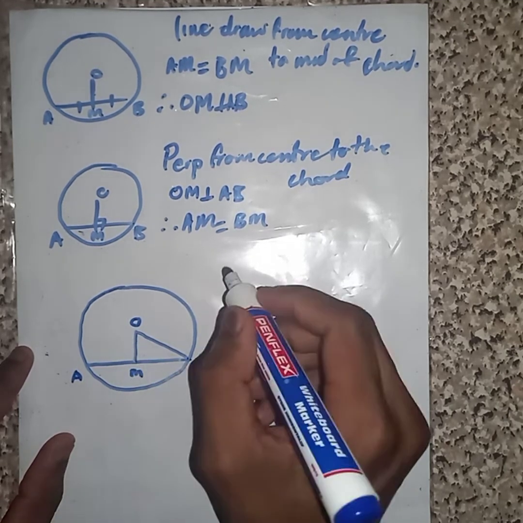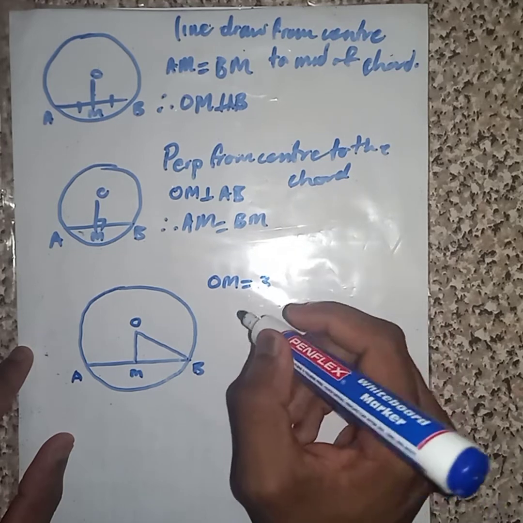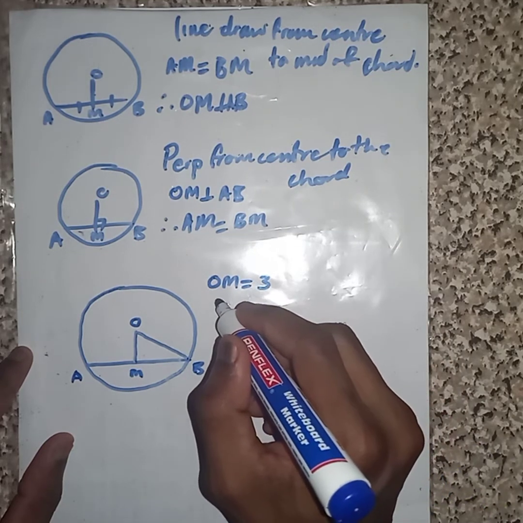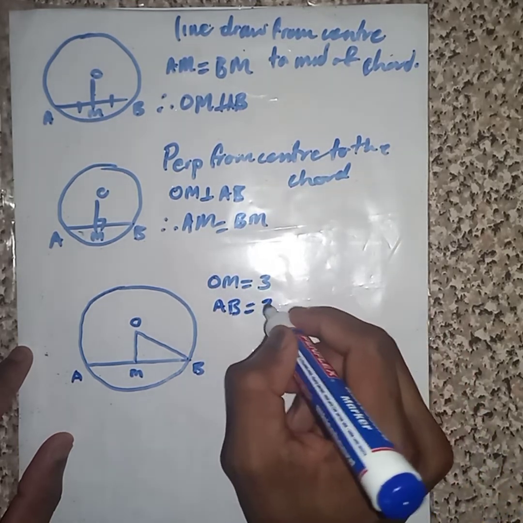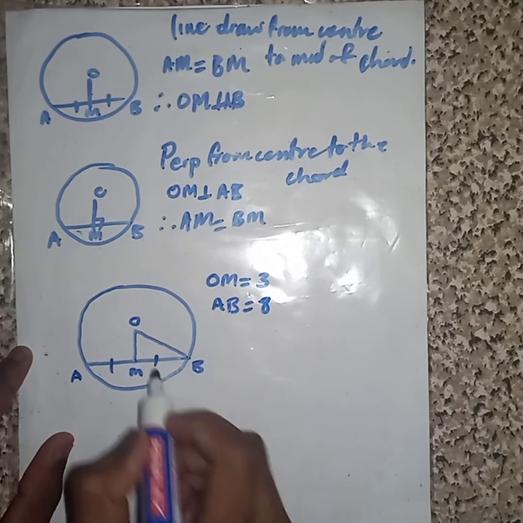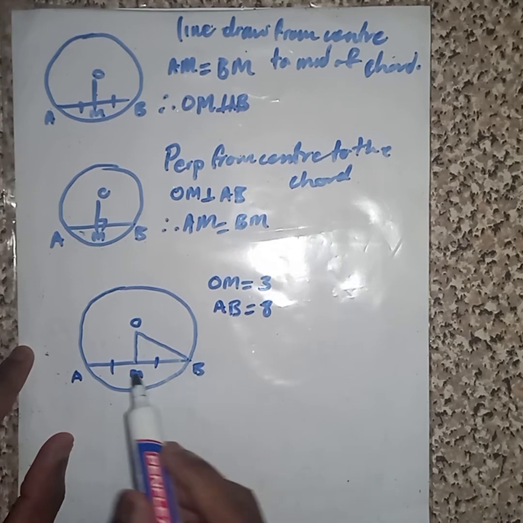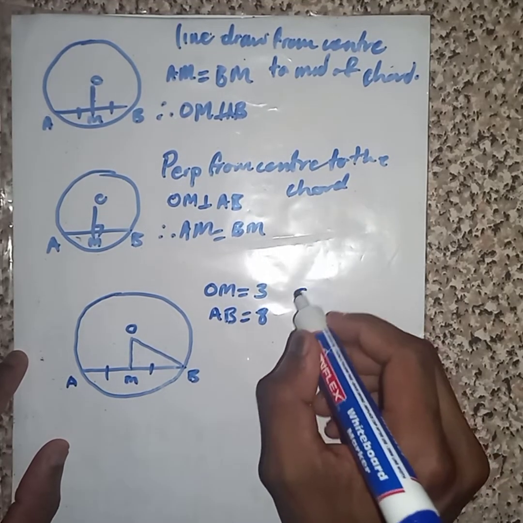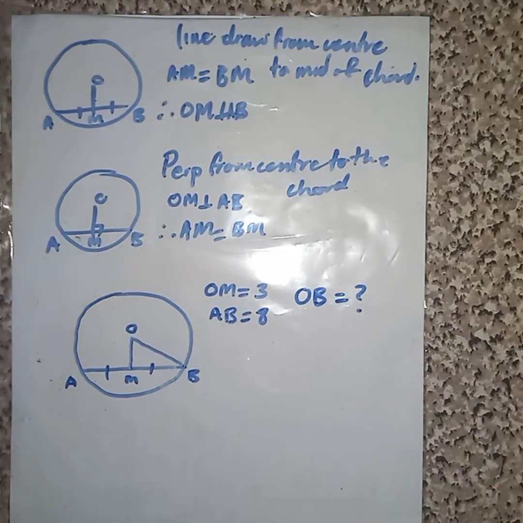Then I give you that OM is 3, and AB is equal to, let's say, 8. Then they mark on your diagram that AM is equal to BM. The question which follows is: find OB. How are you going to find OB? Check. It's so simple, not difficult.